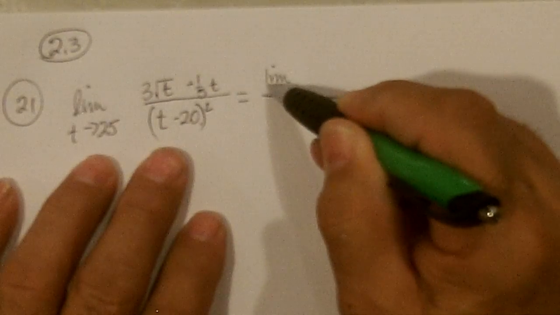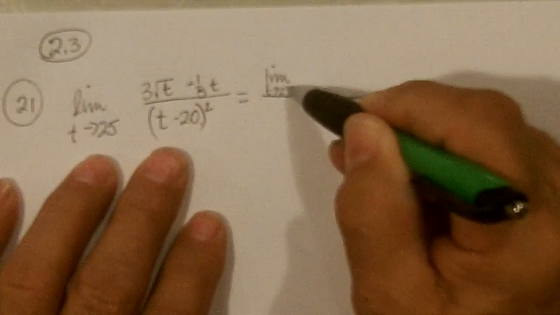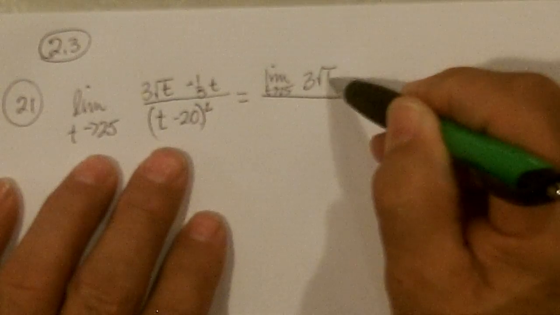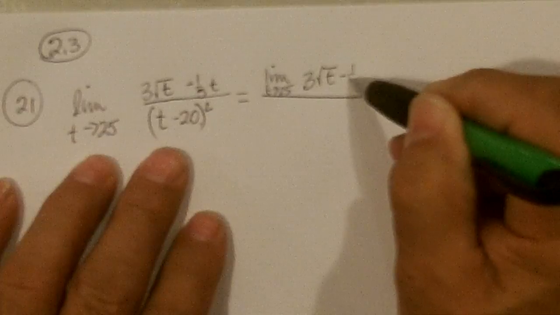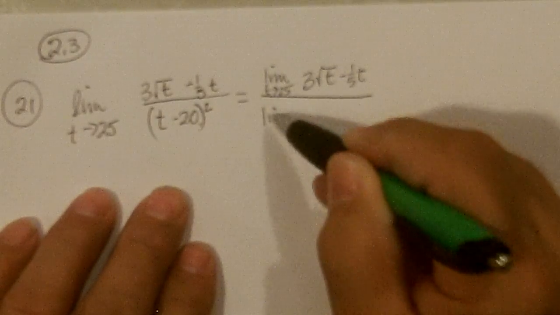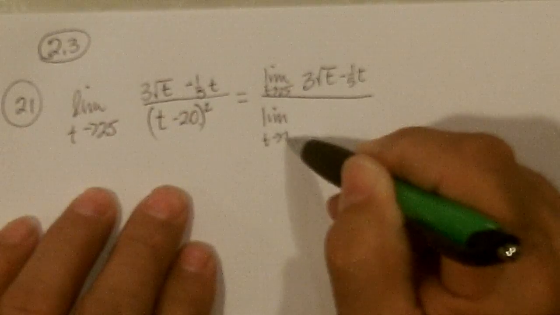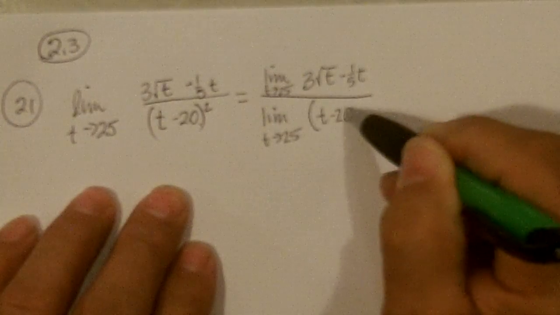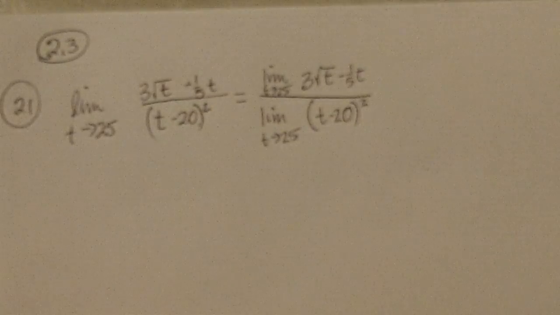Limit as t approaches 25 of 3 square root of t minus 1/5 t over the limit as t approaches 25 of t minus 20 squared.